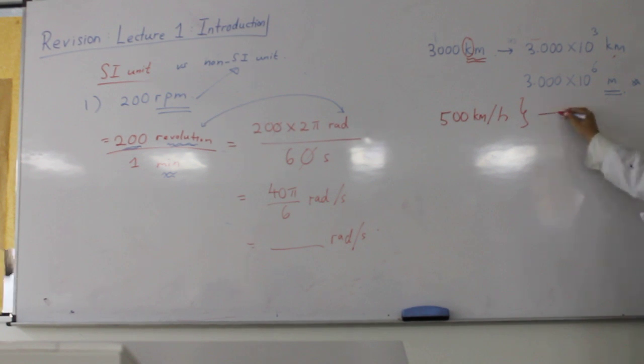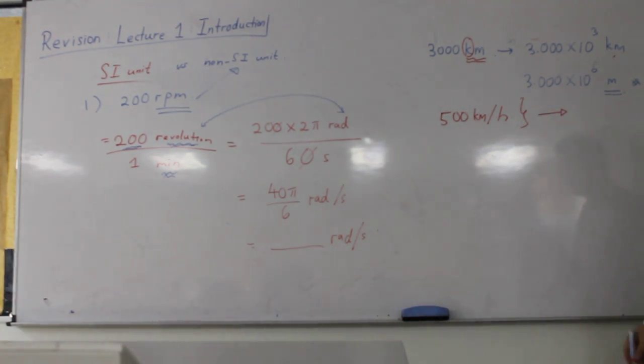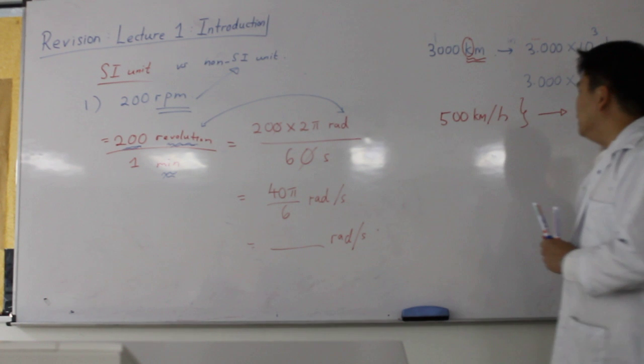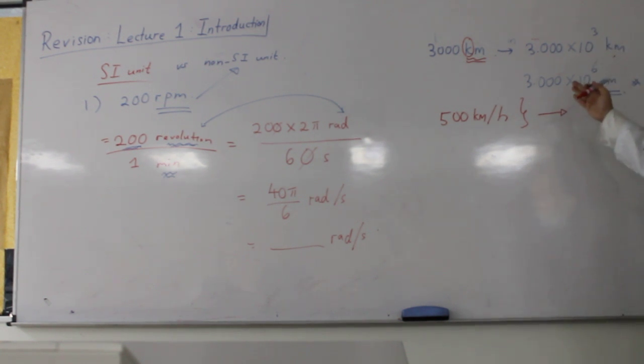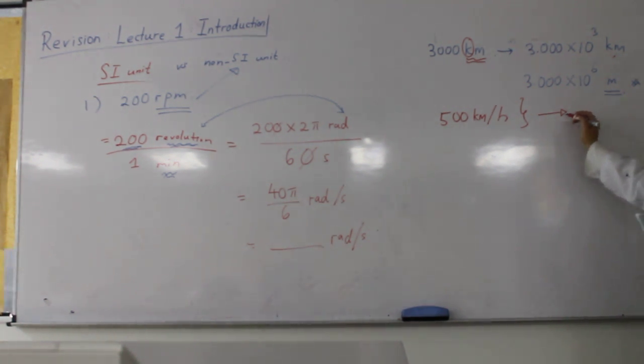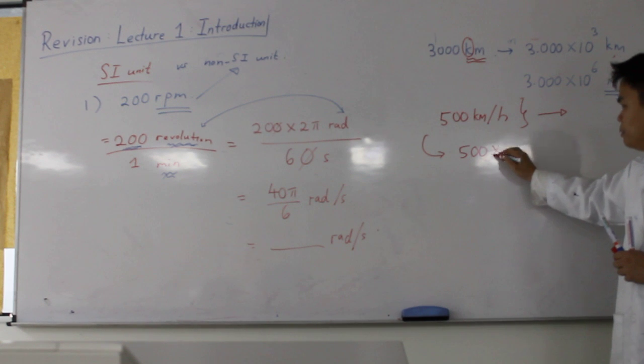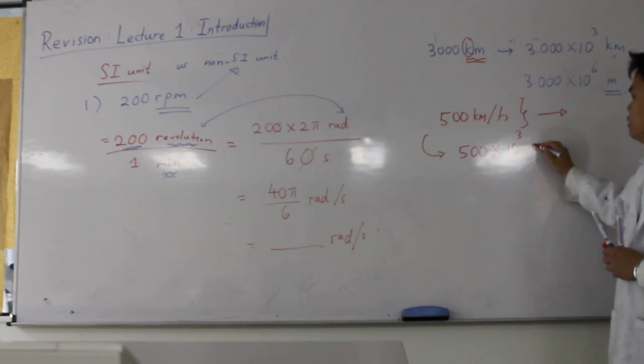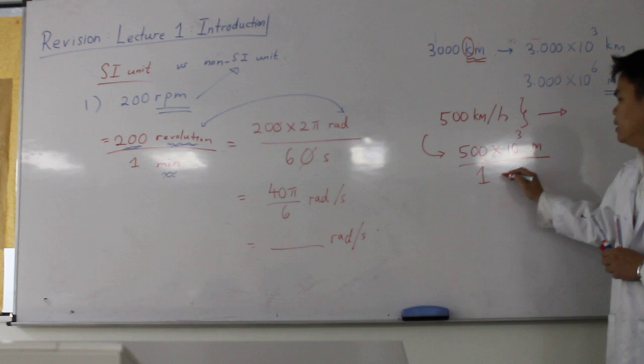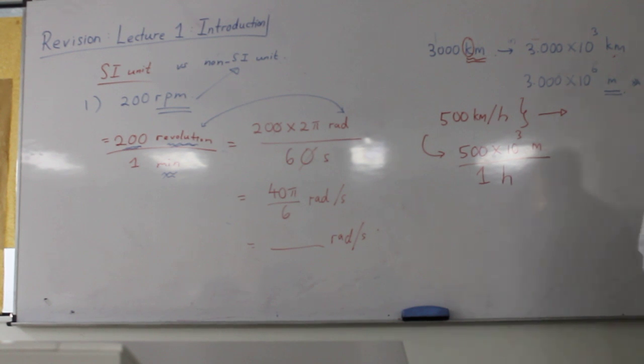So in order to use all those kinematic equations, you must think what is the converted unit in the SI unit, which is meter per second. So for this case, you can say it's 500 times 10 to the power of 3 meter per 1 hour. 1 hour stands for 3,600 seconds.